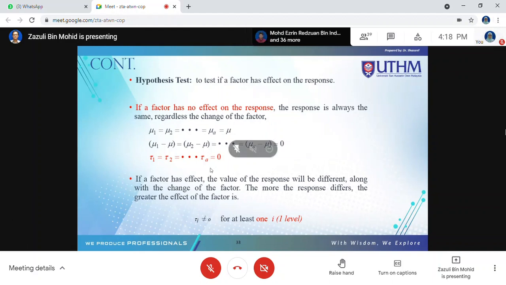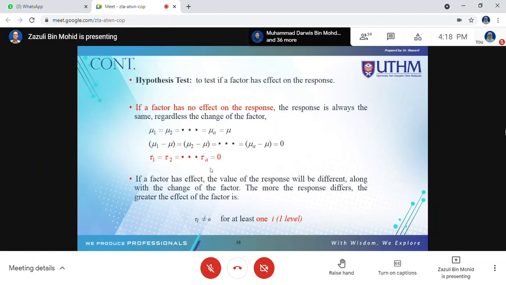But if the factors don't have significant effect on the responses, the tau value will be small, and if the factor does not have any effect on the responses, the calculated tau will be 0 or near to 0.